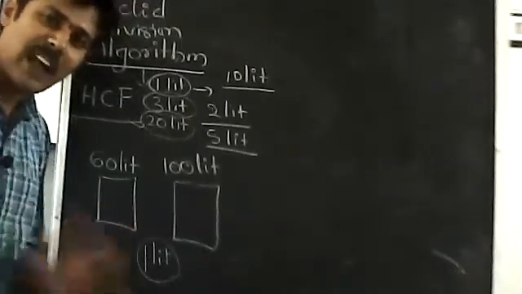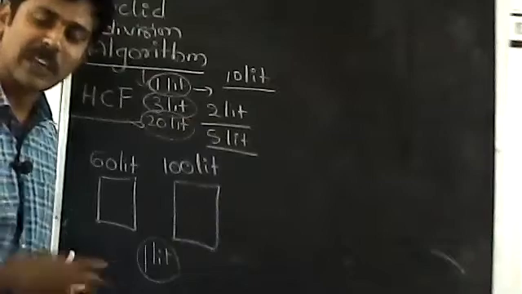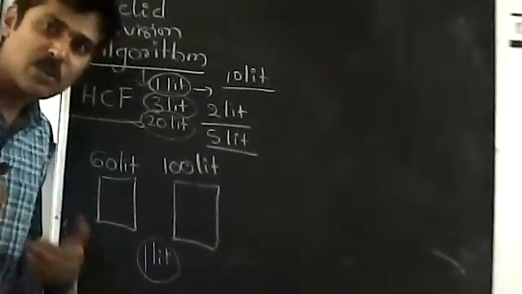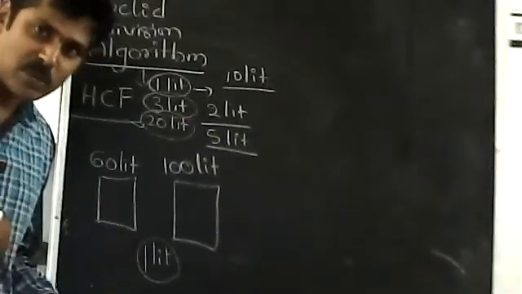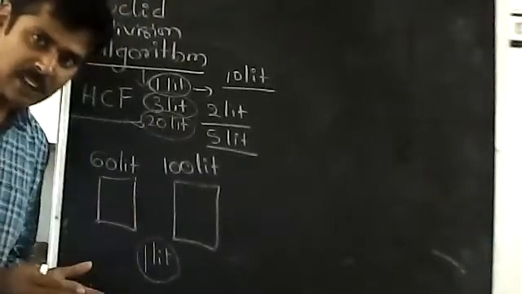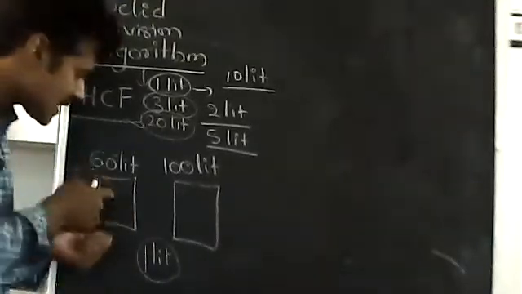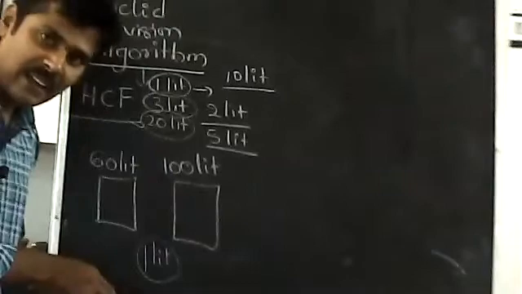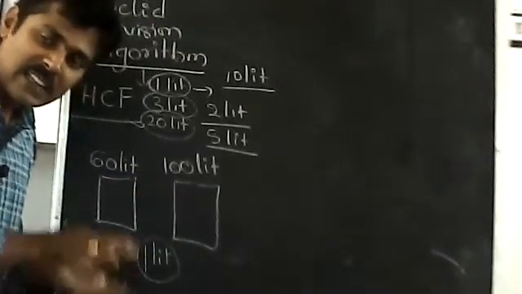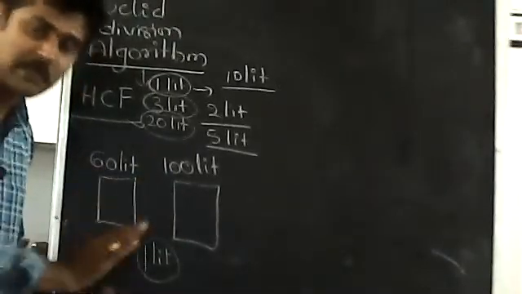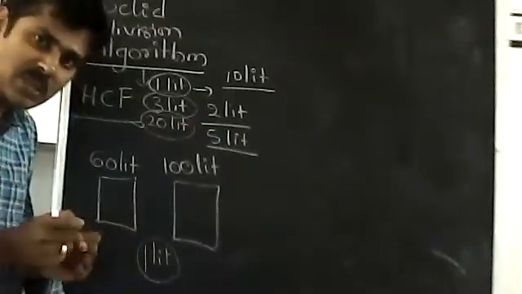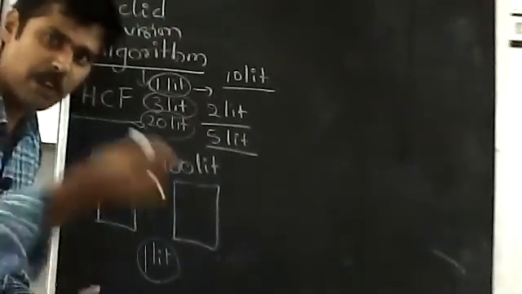That is not practical, because my hand would not manage that. So I have to choose a jar which can measure 60 and 100 completely, and it should be maximum. That means I have to take it from the tank a minimum number of times.